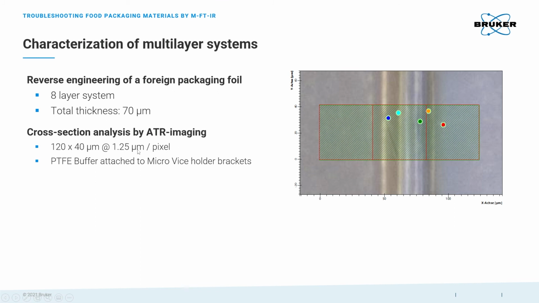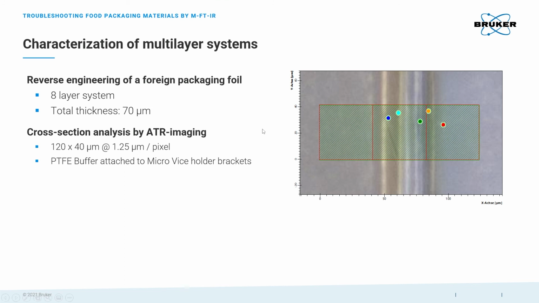And we have a pixel resolution of 1.25 microns. In other words, each pixel sees an area of the sample of 1.25 micrometers dimension. That means we have a really accurate and high resolving measurement technique so that we do not miss even the smallest layers in this case.